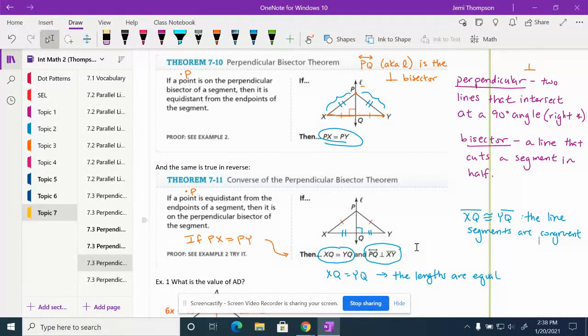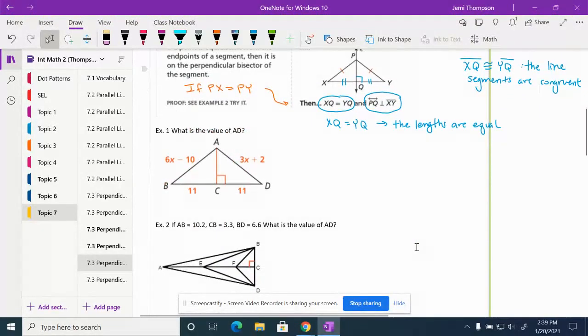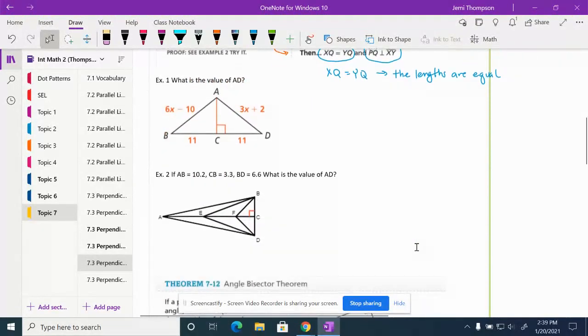So let's try to use these in practice. What is the value of AD? So my goal is to find the length of this side AD. Let's look at what we're given. I have a bunch of line segments here.